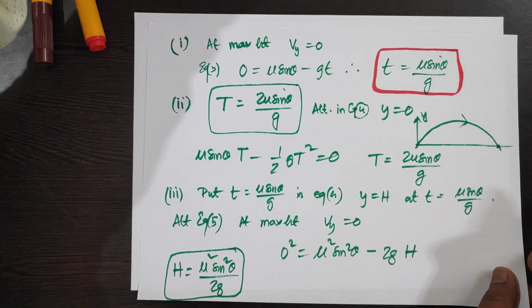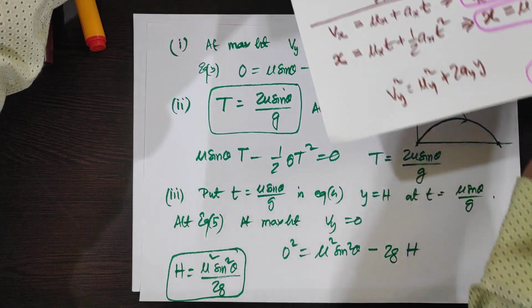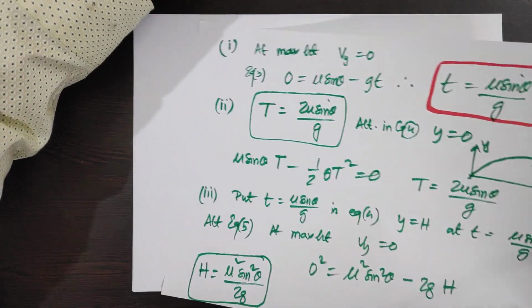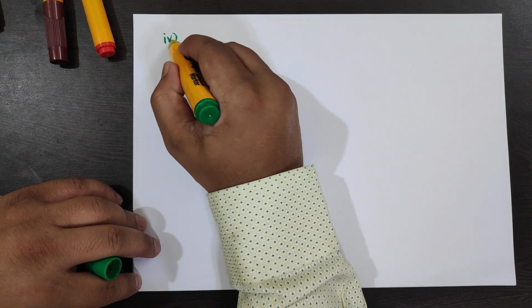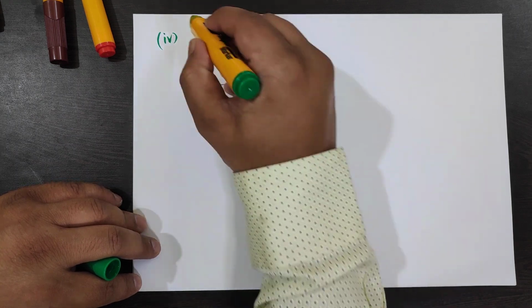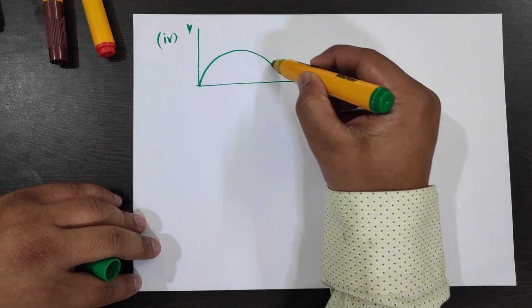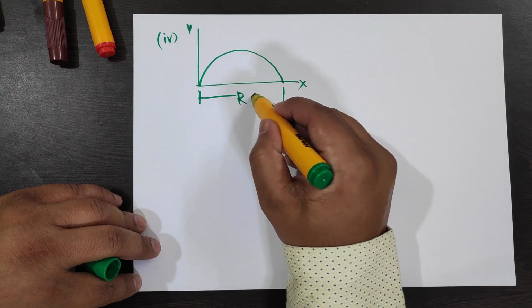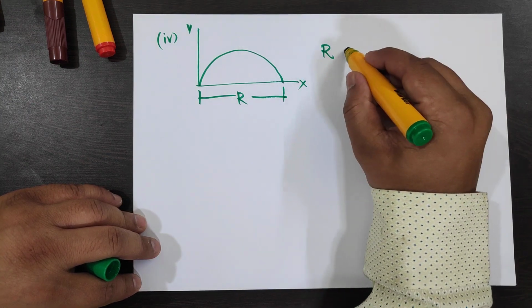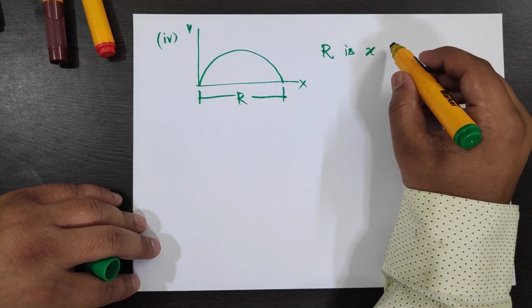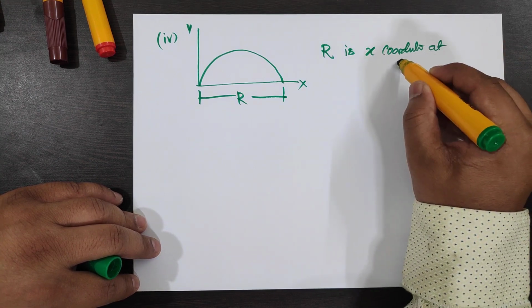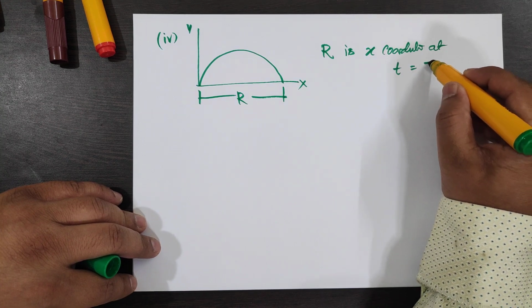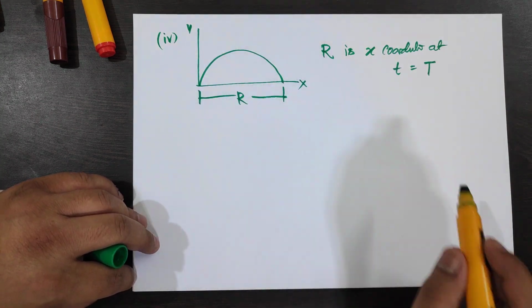And next thing they have asked for, and we will solve for, is the range. Now range, as you see here, x axis, y axis, particle thrown like this. Range is nothing but the x coordinate at time equal to this capital T, that is the total time of flight.